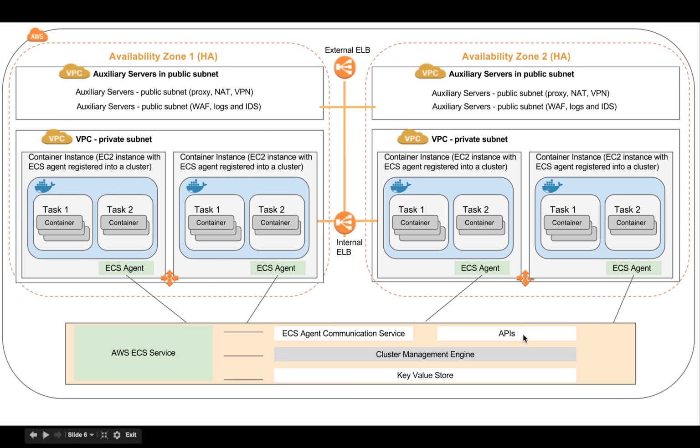You can use APIs, both in a GUI format or in a JSON format, to define your requirements. There is a cluster management engine in ECS that's running behind the scenes, and you have a key value store that you can use to manage ECS services, but that's optional.